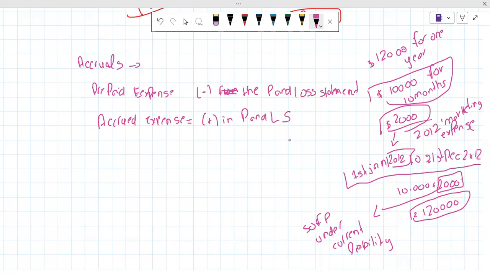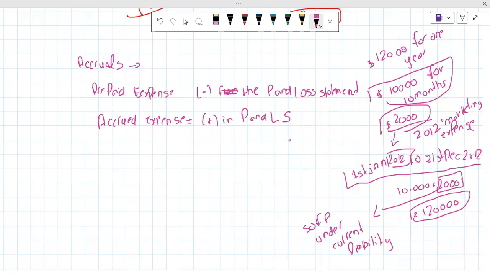Okay, so you can keep this short formula in your mind, so you can easily know what we have to do when we are going to make our income statement.